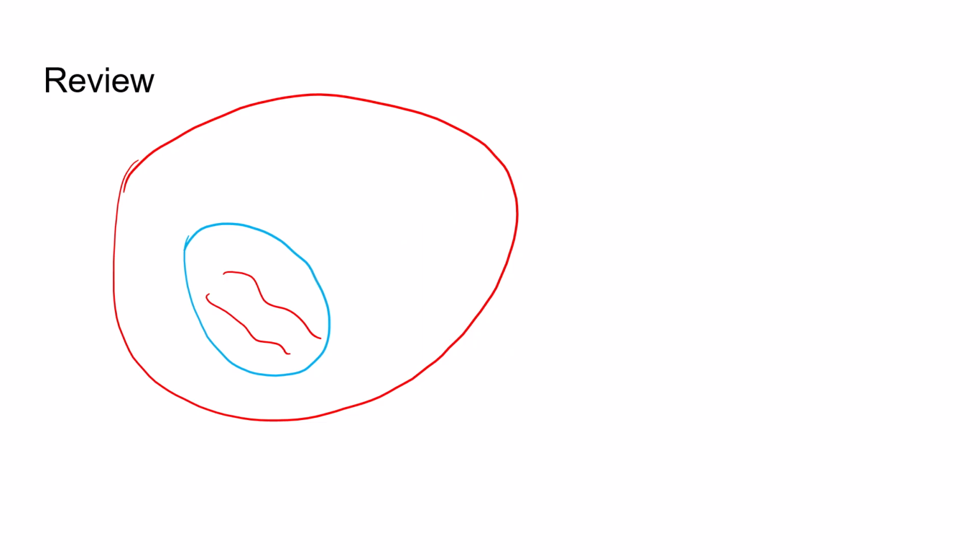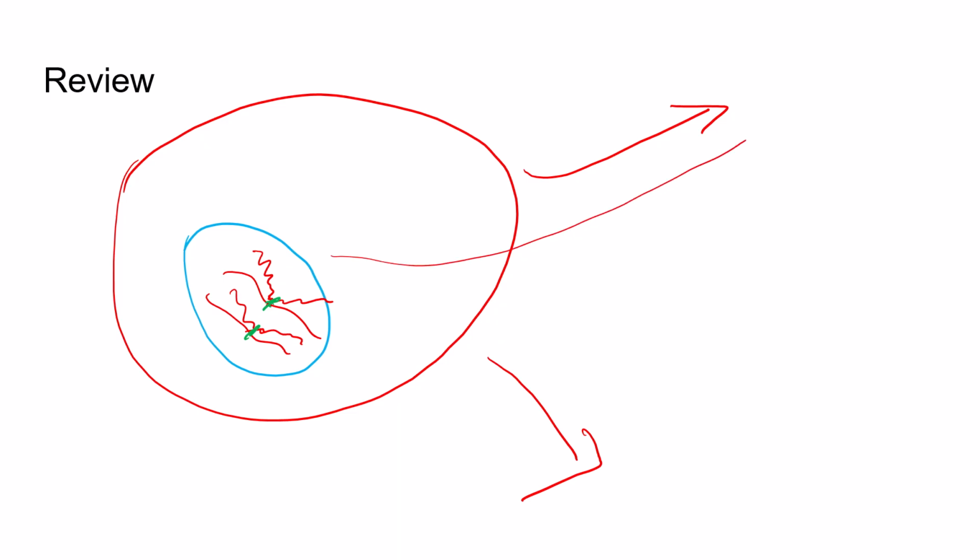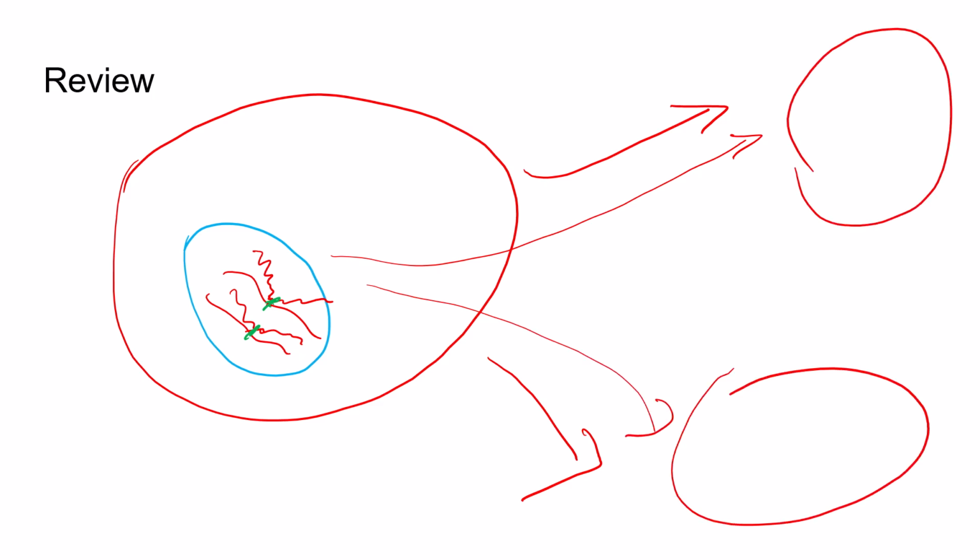Now, when cells divide and make copies of themselves, they have to make a copy of all their DNA, and then they will split apart and give 1 copy of the DNA to one cell and 1 copy to the other cell, and that is called mitosis.